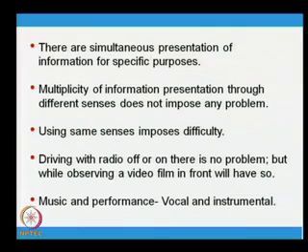There is simultaneous presentation of information for specific purposes. Multiplicity of information presentation through different senses does not impose any problem. Using the same senses imposes difficulty. Driving with the radio off or on, there is no problem. I can drive a car with the radio on, but while observing a video film in front, it will be a problem.